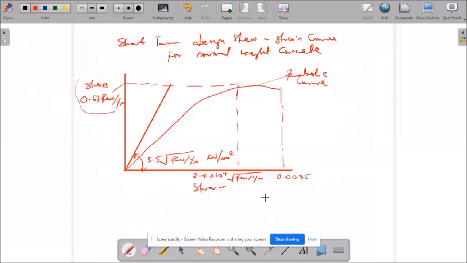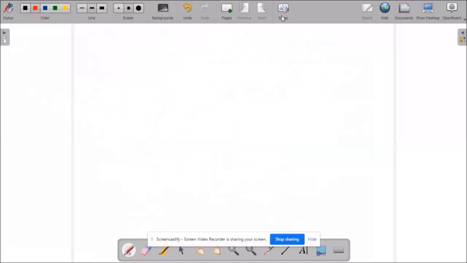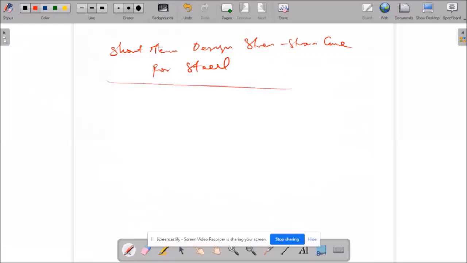Then the next thing we have to consider is the curve for steel. So short-term design stress strain curve for steel. So consider this. We draw the diagram for that.